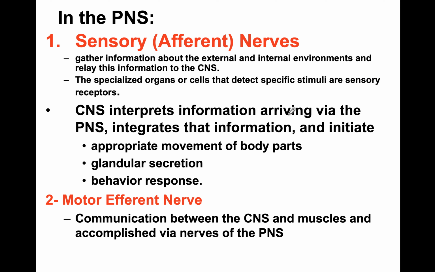The peripheral nerves could be sensory or could be motor. The sensory, which is afferent, usually gathers information about the external and internal environment and relays this information toward the brain. And usually we have specialized organs that can detect the stimuli, and they are called the sensory receptors.